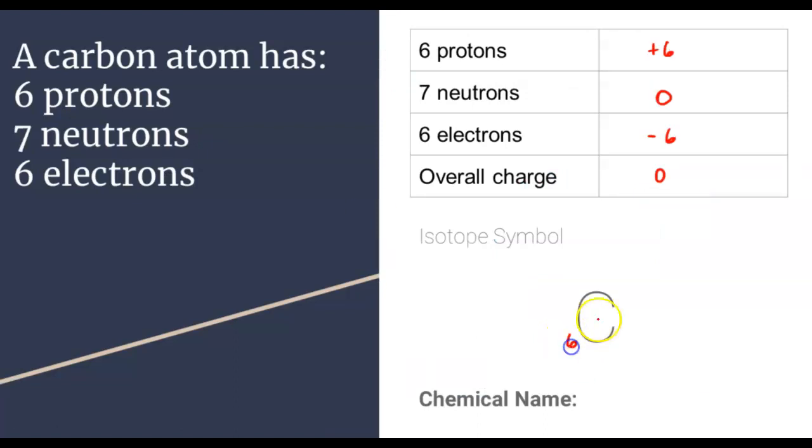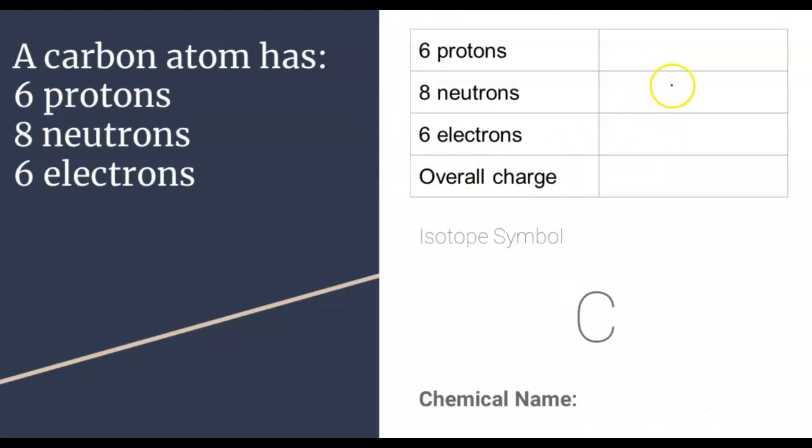So we have 6, but now I have 6 protons and 7 neutrons, in which case 6 AMU plus 7 AMU equals 13. All right, so I place the number 13 on the top left-hand corner. Since I don't have a charge, I leave this blank. This here is now called carbon-13.